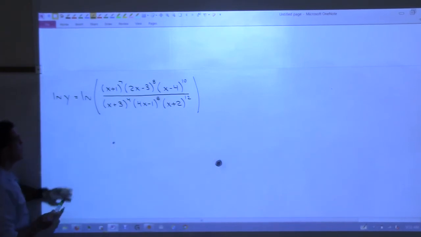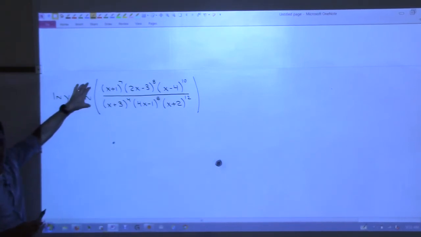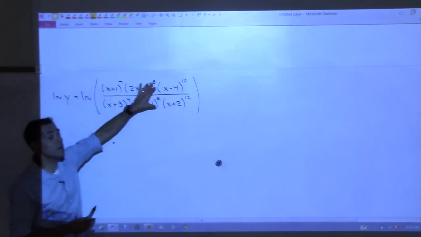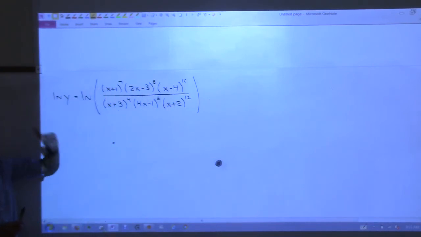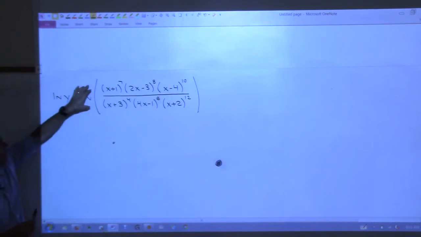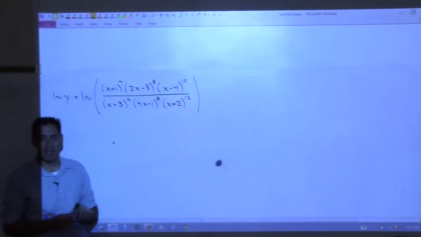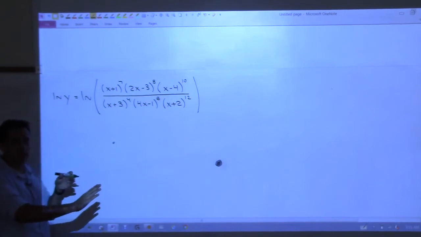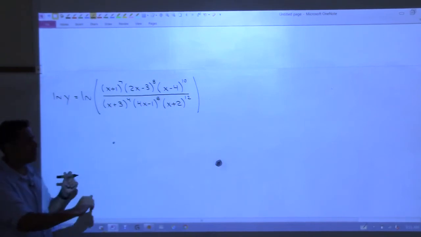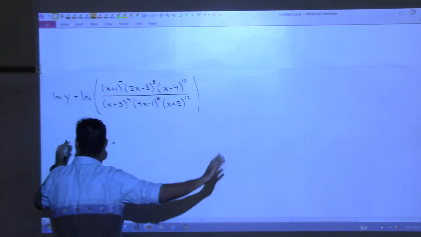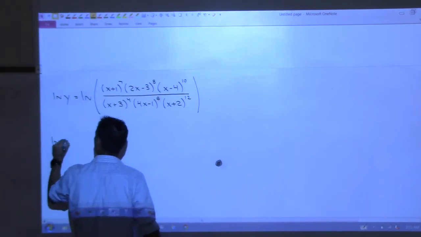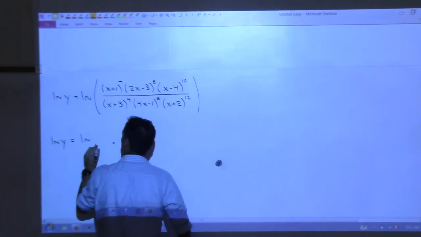But the fact that I have a log here now allows me to use the properties of logs to simplify it first. Don't we have log of something divided by something? And when you have division, can't you turn that into subtraction? Yes? Okay, so watch. I'm not going to do any derivatives yet. Just check this out. This is going to become very nice in just a second.